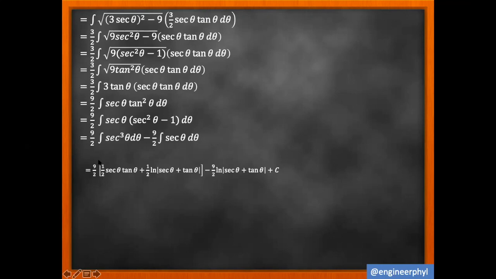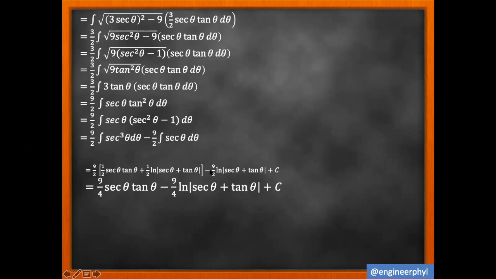We distribute first the constant here. So 9 halves times 1 half is 9 over 4. The same here in the second term: 9 halves times 1 half is 9 over 4. That's why, on the first term, we have 9 over 4 secant theta tangent theta, plus 9 over 4 times ln of secant theta plus tangent theta.